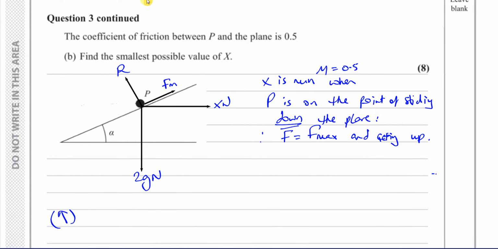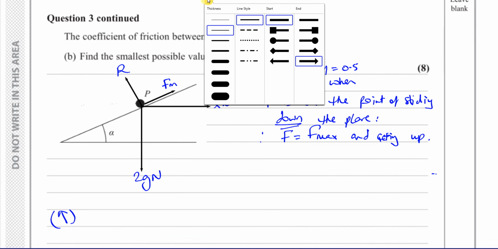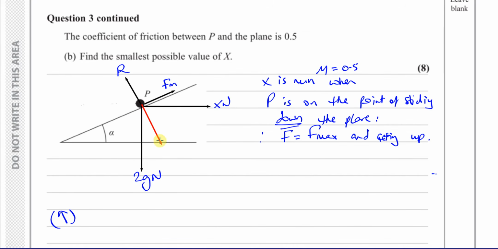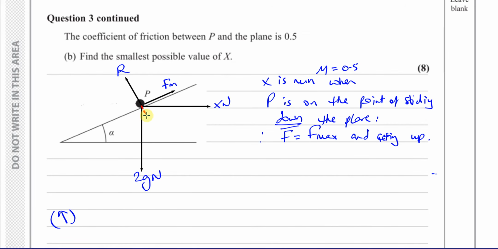Now again we have the same situation as last time, I'll just do it over again. Okay, so we have the reaction force, let me do it with some dotted lines here, perpendicular to the plane. The weight perpendicular to the plane and parallel to the plane. You have the frictional force, which is already parallel to the plane.